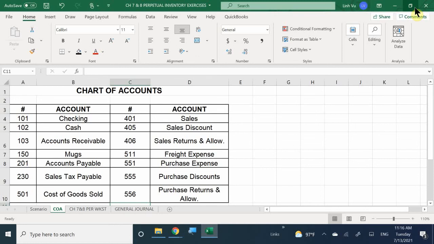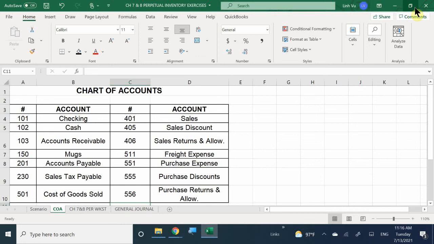So in this case, we don't need to deal with a purchase discount because in this context, everything is located in my inventory. I put everything into my inventory. I didn't place it as an expense. So this is the difference between perpetual and periodic.